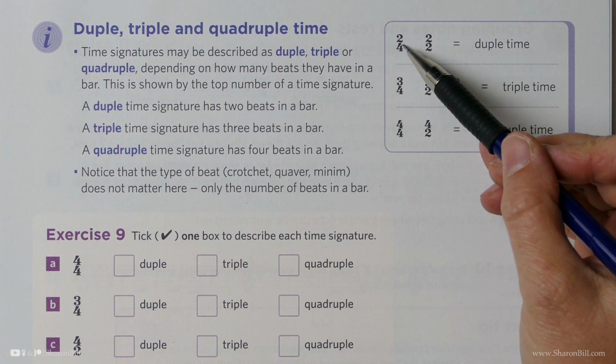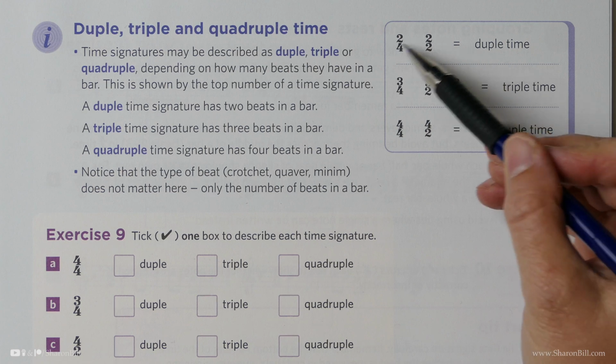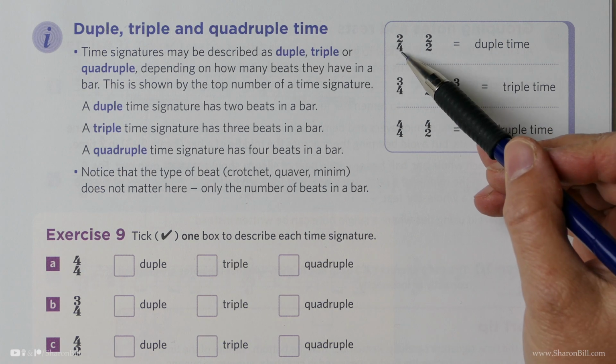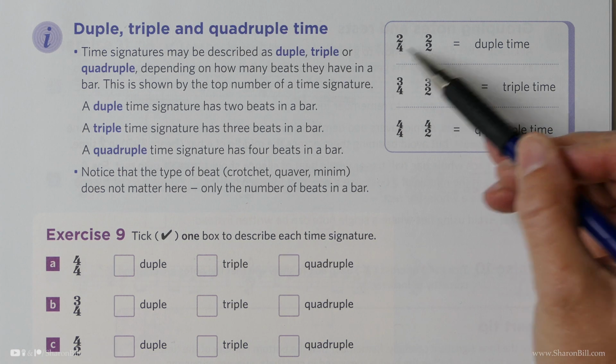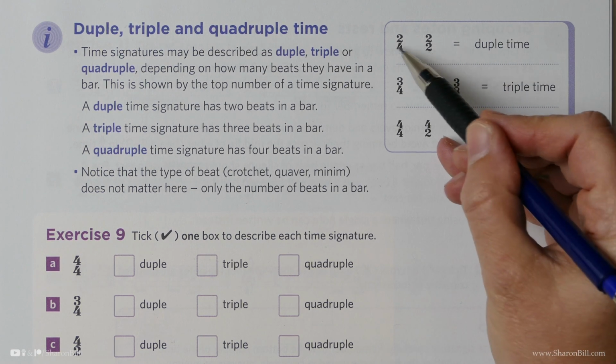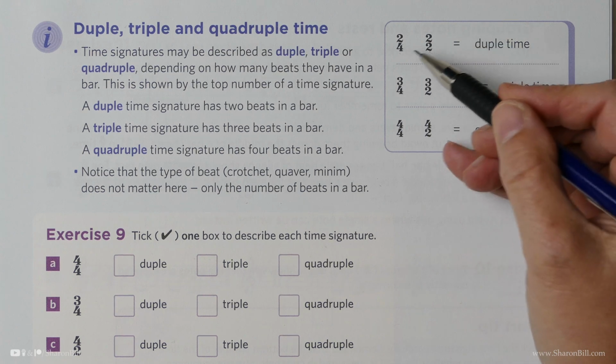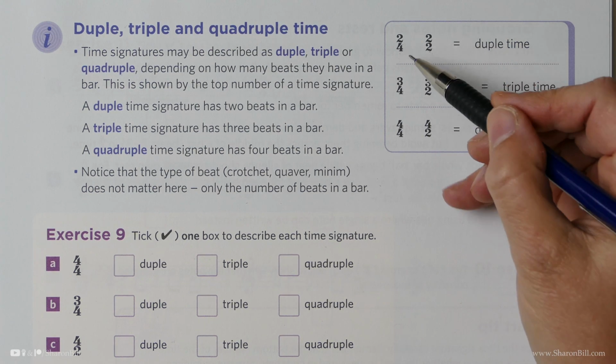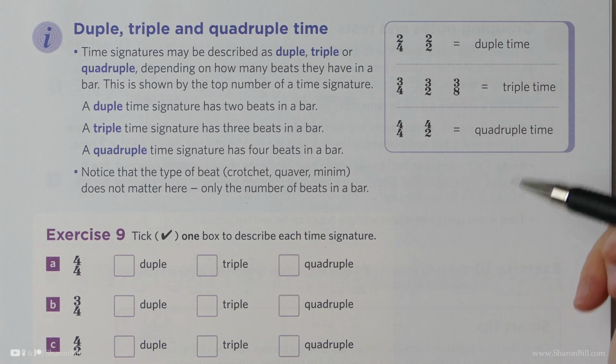So here we see the top number 2, telling us there are 2 beats in a bar, regardless of whether each is a crotchet beat or a minim beat. And so both of these will have that same duple time feel, beat 1, beat 2, beat 1, beat 2.